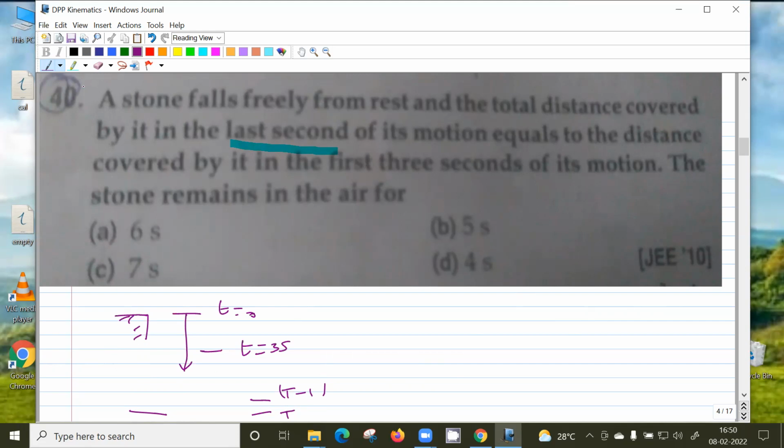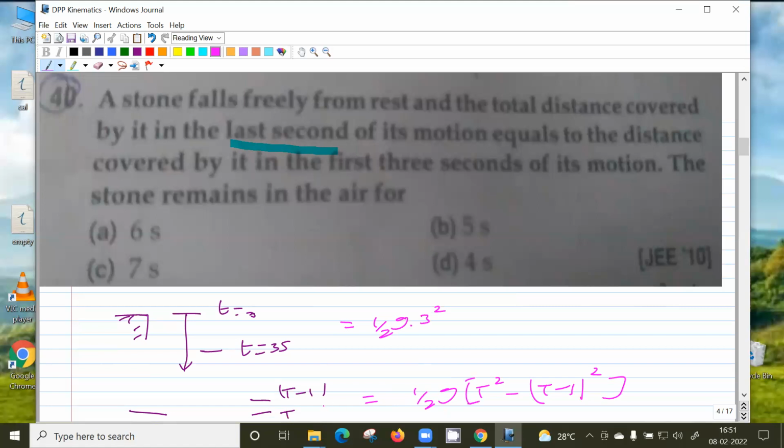So distance traveled in 3 seconds is ut plus half at square. So half g t square is 5 t square, and u is 0. The distance in the last second is the difference of t square and t minus 1 square.